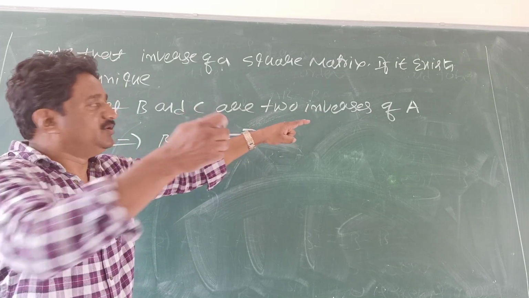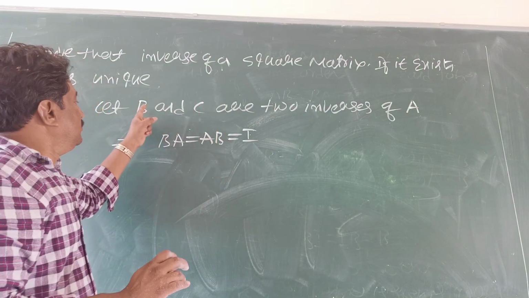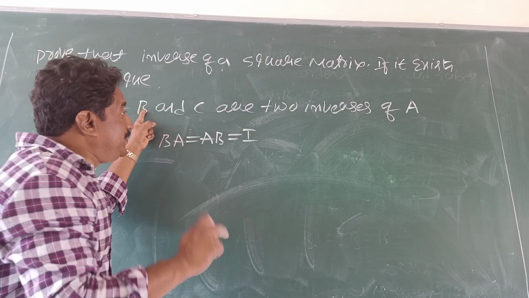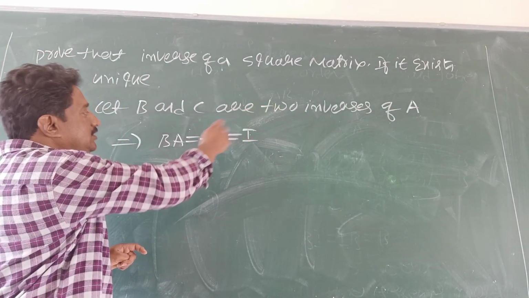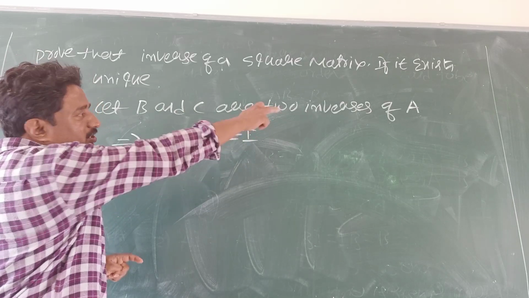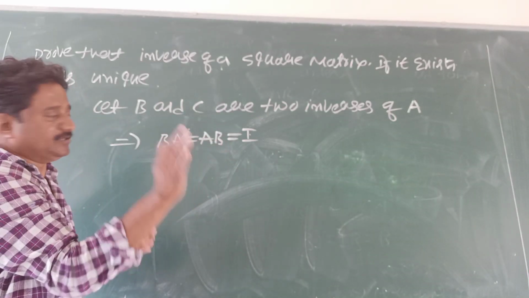When we say matrix B is the inverse of A, it means BA = AB = I.